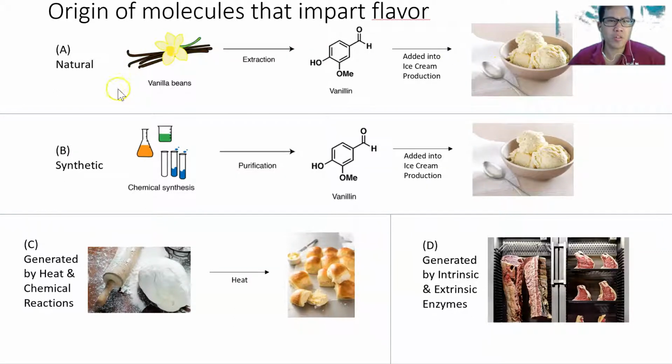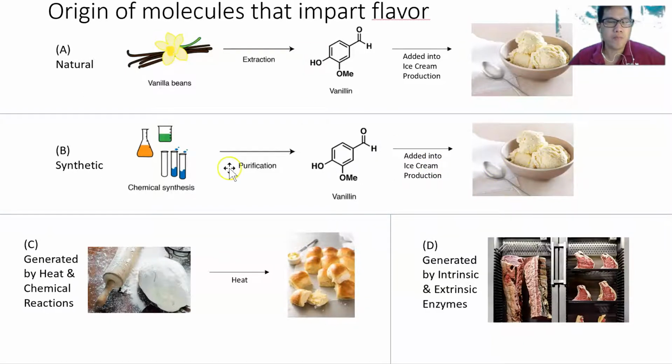Then the second origin is synthetic, which means they use chemical reactions to synthesize what we call synthetic vanillin. But do take note that they are actually the exact same molecule, so they taste the same. Again, you can add it into food products.